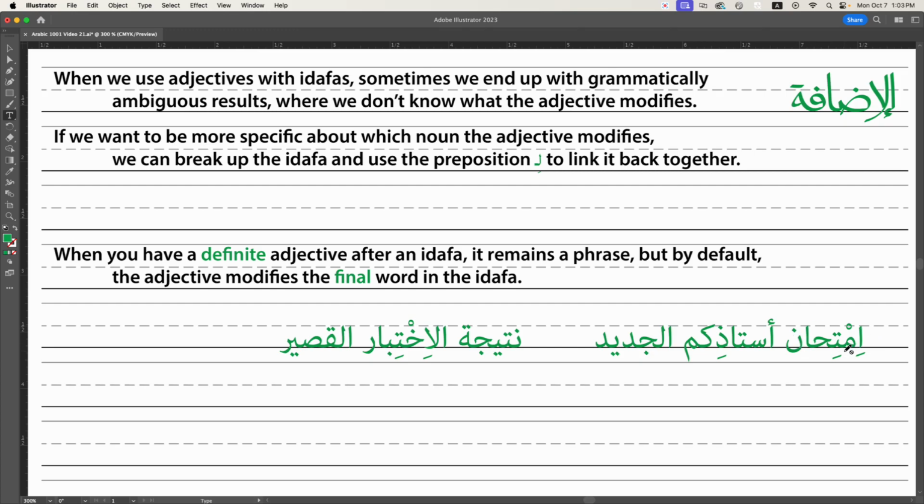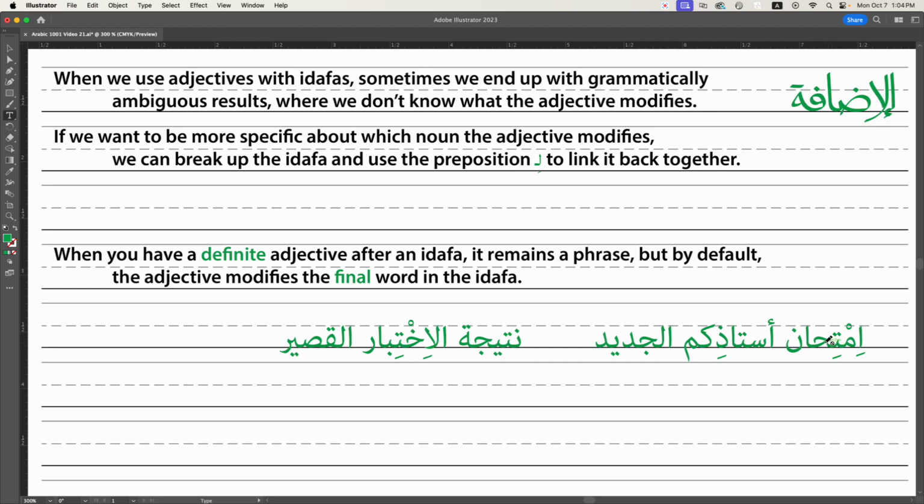Imtihan, or exam, is masculine singular and also definite because it belongs to this word. Ustadikum, also masculine singular and definite because of the pronoun, it's y'all's professor. And then al-jadid, masculine singular and definite because of the alif lam. So the default here is that it's y'all's professor who is new and not the exam.